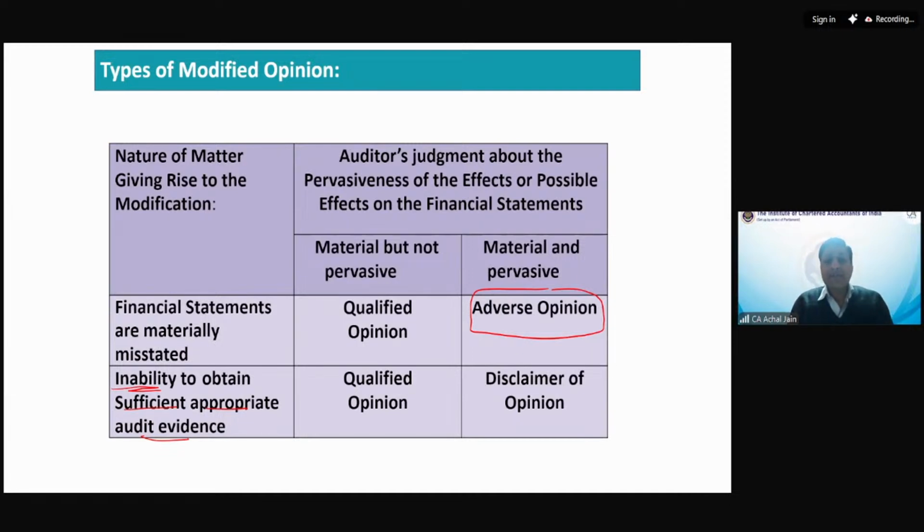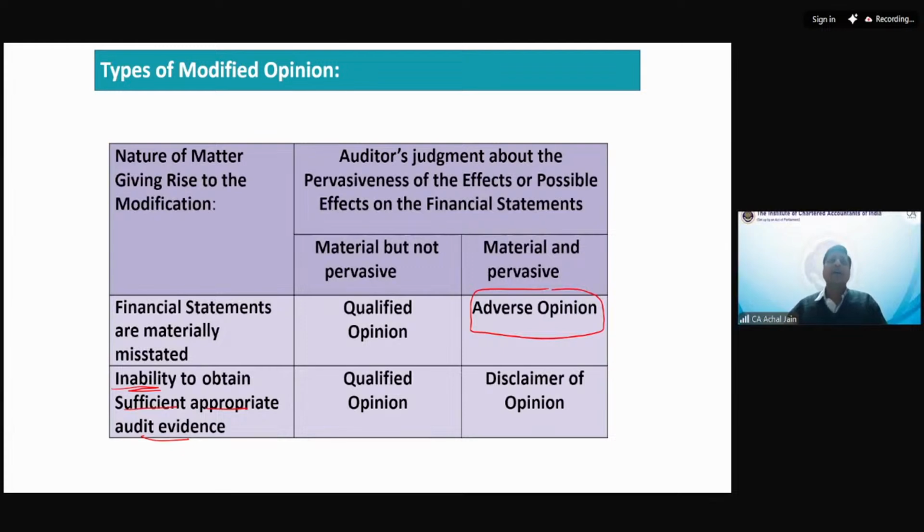In such a case, the auditor can evaluate whether he would like to continue and complete that audit in whatever manner is possible, or should he withdraw from that engagement.